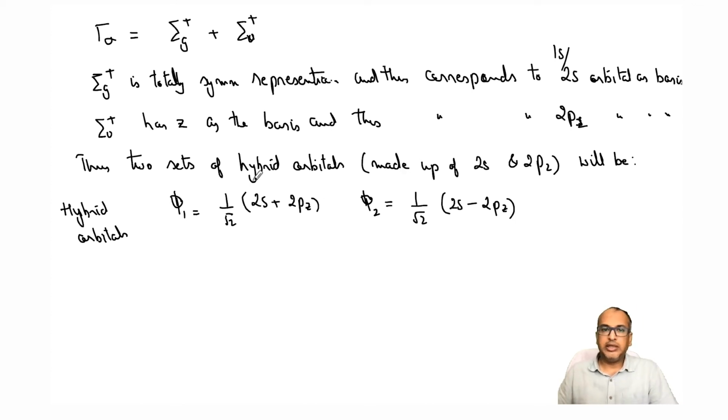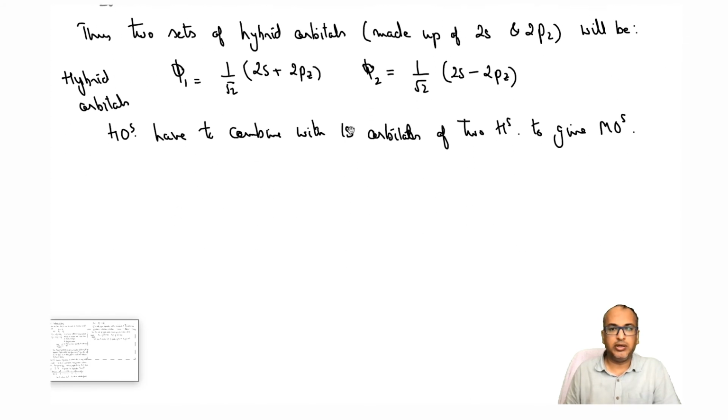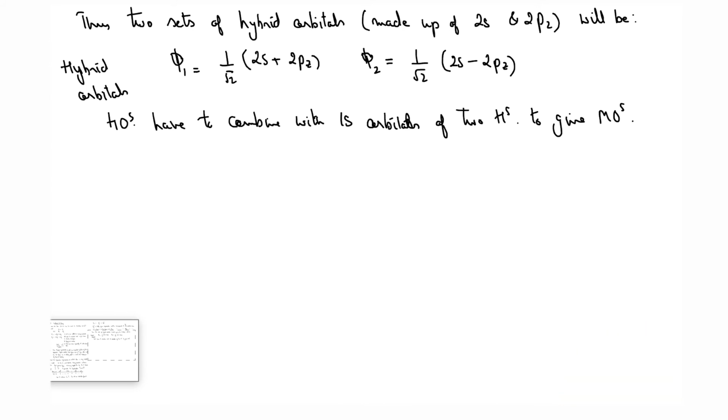Now we know that these hybrid orbitals have to combine with the 1s orbitals of two hydrogens to give you molecular orbitals. Let's see how that works.